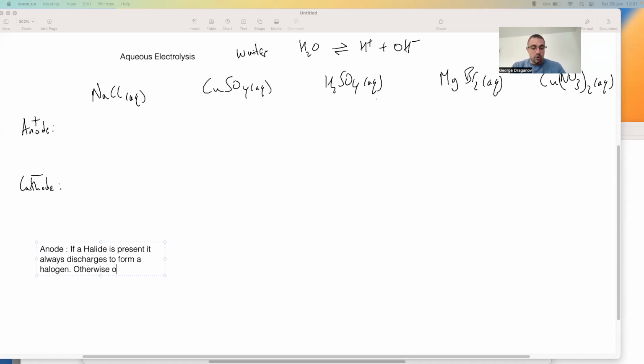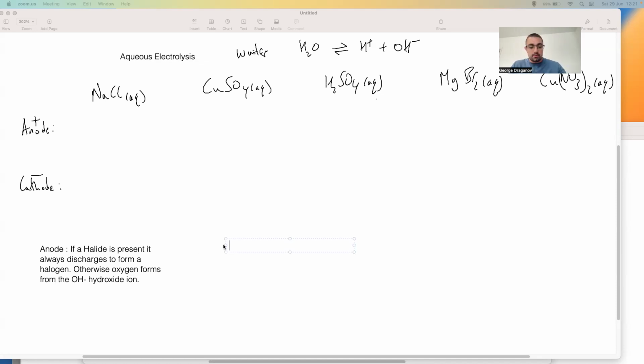Otherwise, oxygen forms from the OH minus hydroxide ion. So that means this is a halide, that's a halide. This one, and this one are not halides. So we would get the oxygen forming instead.